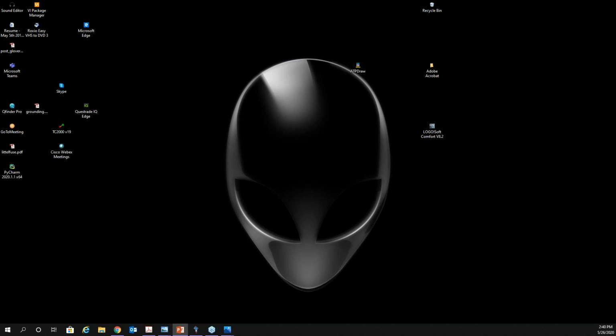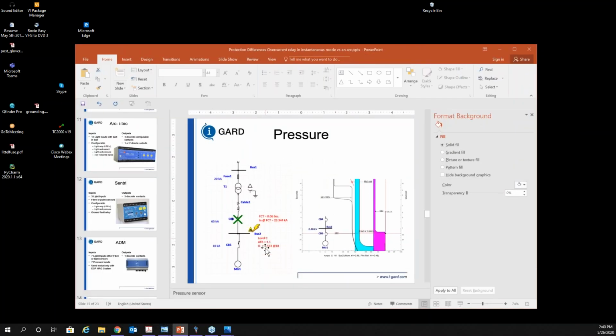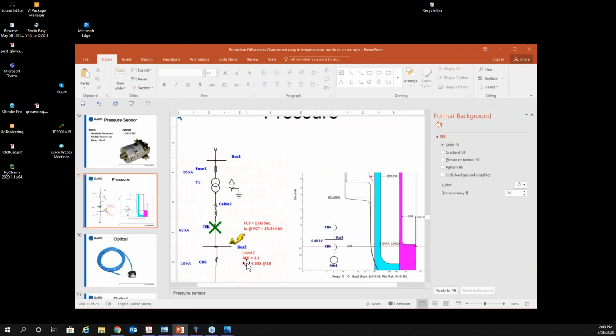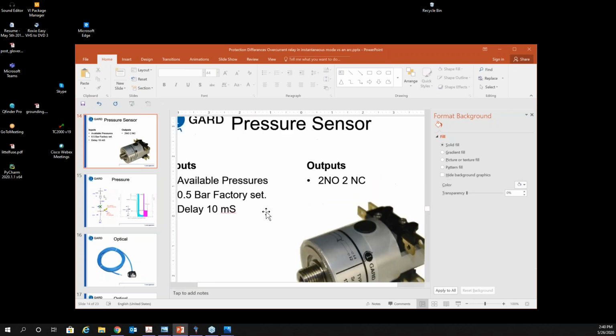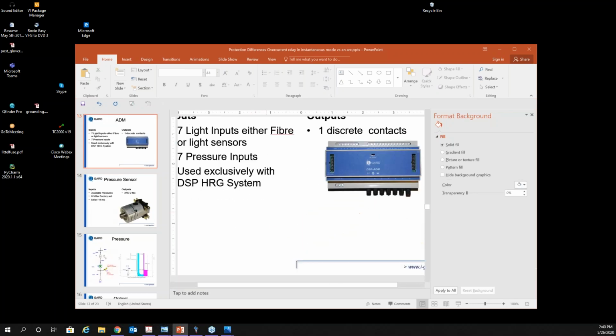Sergio, anything else from you? Yeah, I was just reading the question. AFD means, it says arc flash detection. So I'm not sure where I use the AFD. I'm trying to look here, and I have AFB, which is arc flash boundary, and this is measured in feet. FCT is fault clearing time, unless it's the ADM, which is arc detection module.